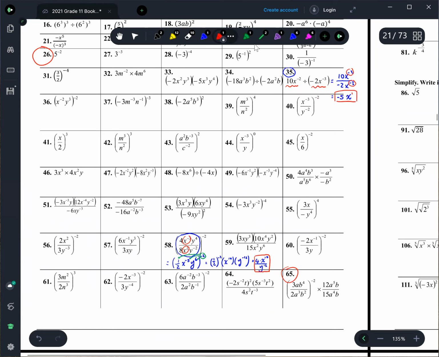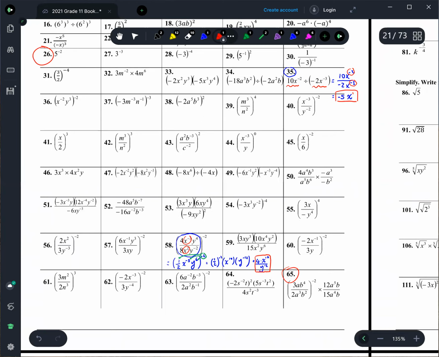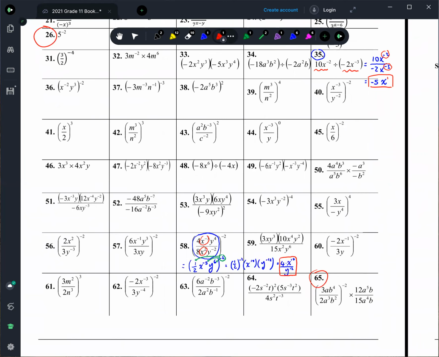I did them, but I think I did it wrong, so I'm redoing from 46 all the way to 65. Okay. Let me know if you're not sure if your answer is right. Because of the rule that we reviewed, I mixed it up a little bit. That's why I have to redo. Okay.